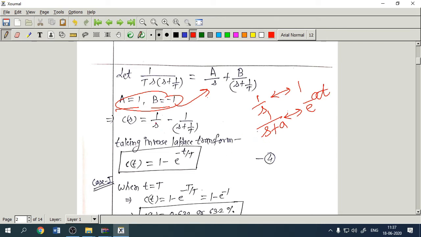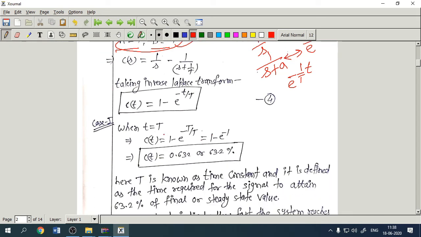Here a is 1 by T, so the inverse Laplace transform of 1 upon (s plus 1 upon T) is e to the power minus t upon T. Now we put t equal to capital T, then 1 minus e to the power minus T upon T equals 1 minus e to the power minus 1.